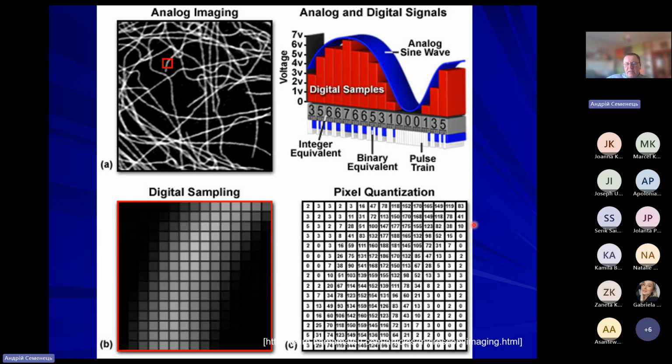So this thing at the right bottom corner is exactly what will be stored in a digital computer and what will represent this small square area of an analog image.